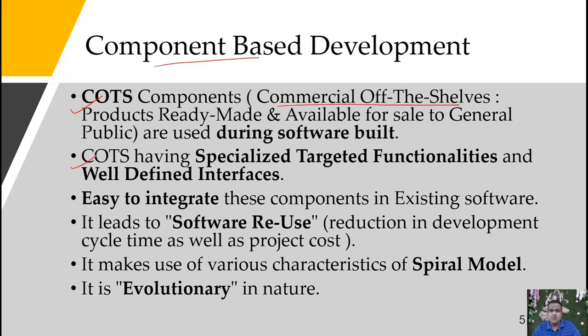COTS has specialized targeted functionalities, concentrating on only one specialized issue, and well defined interfaces. It is easy to integrate these components in existing software. It leads to software reuse, and reduction in development cycle time as well as project cost.